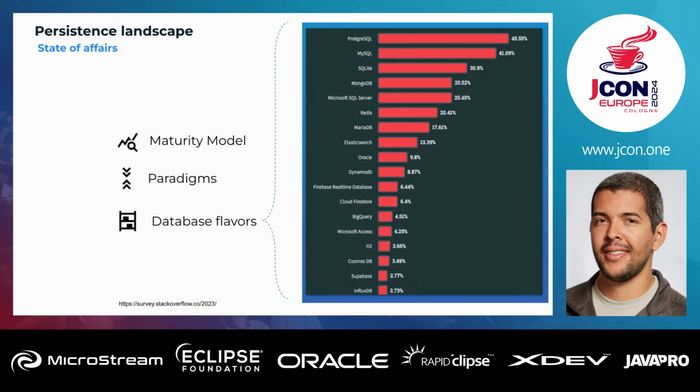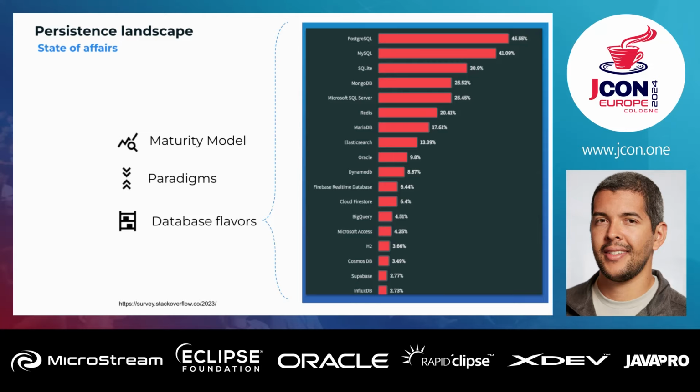But unfortunately, with this huge importance of databases, we still have a huge amount of gaps. We're still missing several maturity models. For example, who is familiar with the Glory of REST?